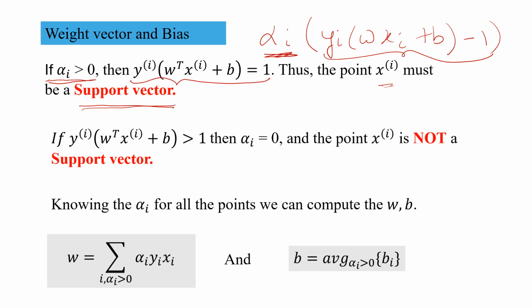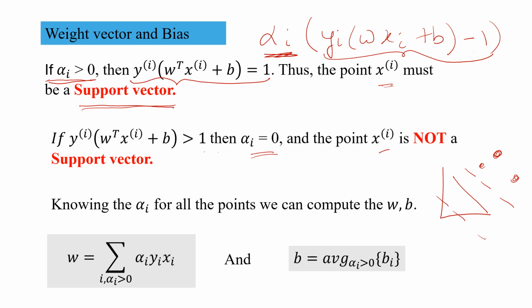On the other hand, when this product is greater than 1, then alpha i equals 0. And when is this product greater than 1? We had this decision boundary, so for the samples which lie away from the decision boundary, the product is greater than 1.